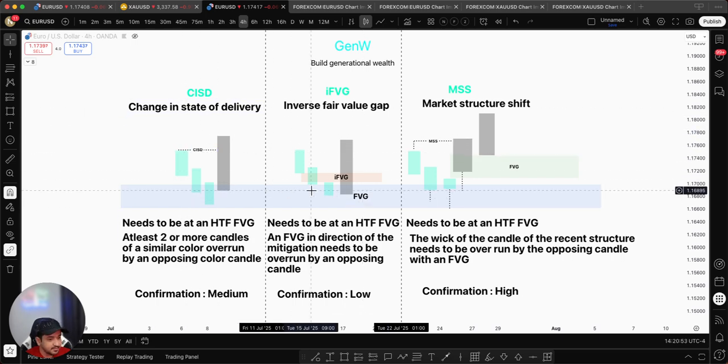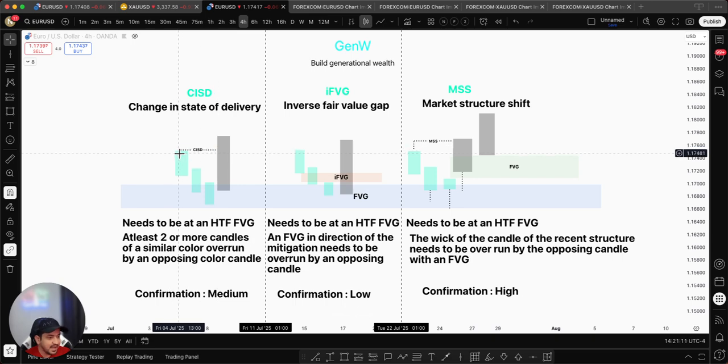So whenever price mitigates a fair value gap and then an opposing candle emerges which closes above the body of the first candle of the opposite direction, this is called change in state of delivery.